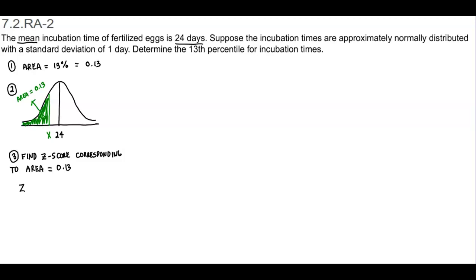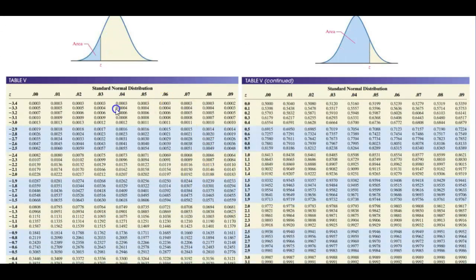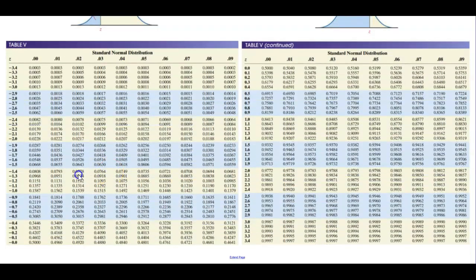So we're looking for the area of 0.1300. We come down and take a look at all the areas located in here, and we want to look for 0.1300. So let's take a look. We got 0.13.